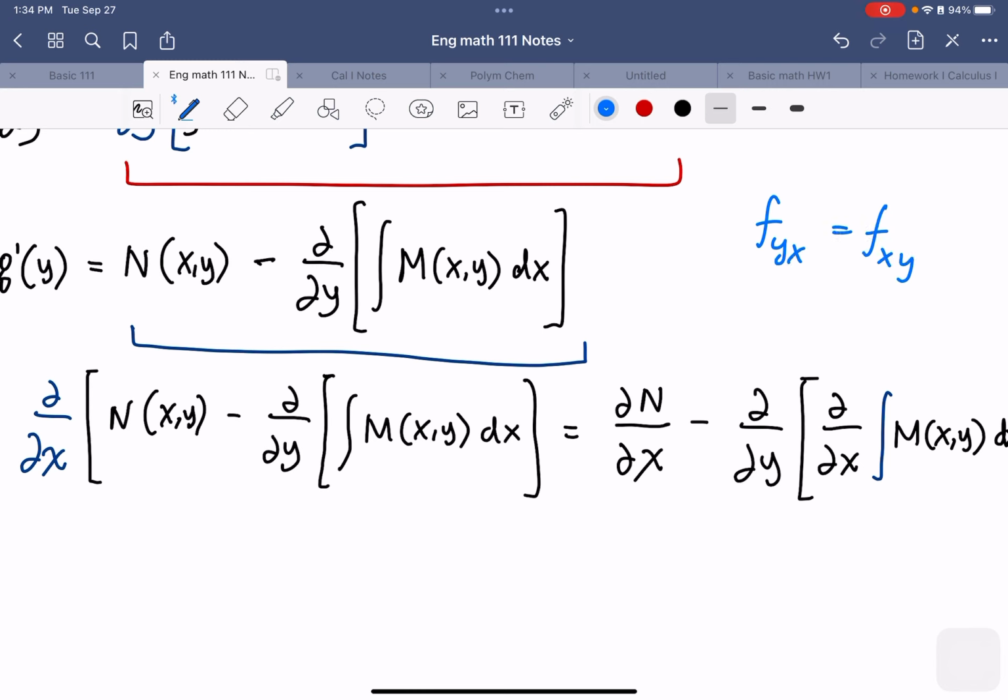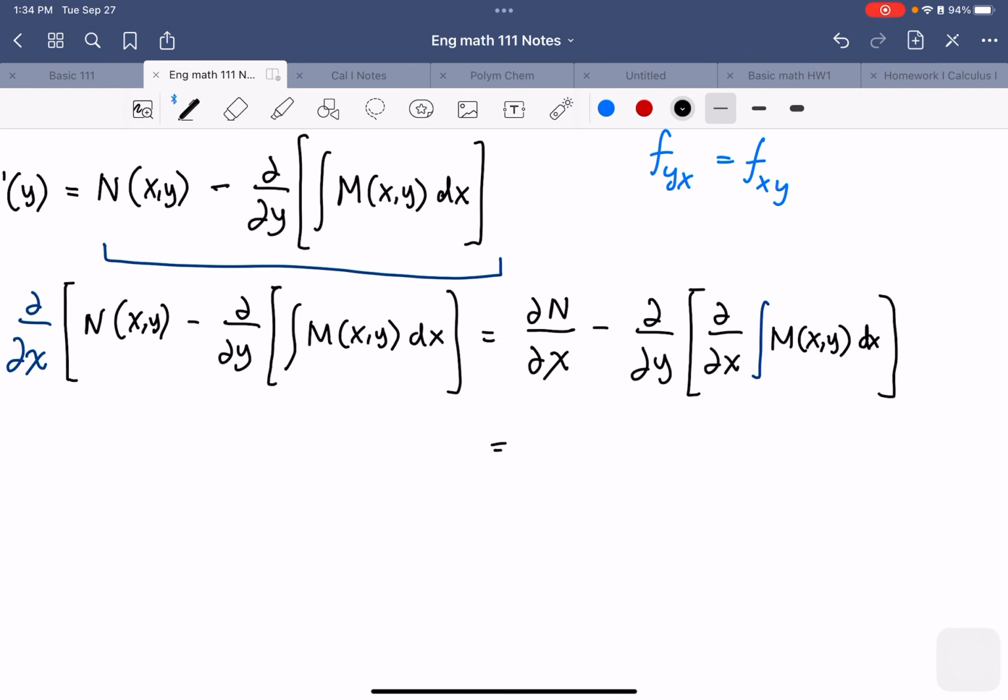So no matter what, we can partially derive with x to remove this dx and to remove this integration. And what we have here is actually ∂N/∂x minus ∂M/∂y.